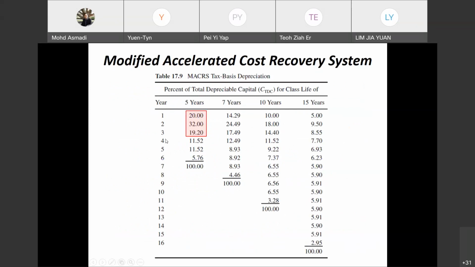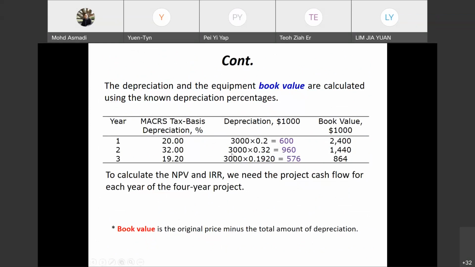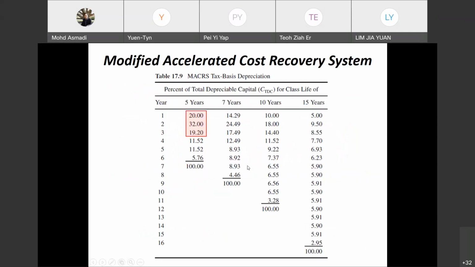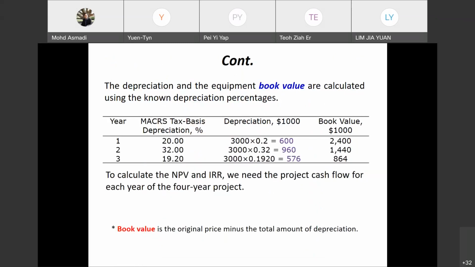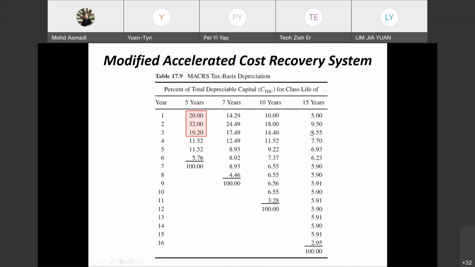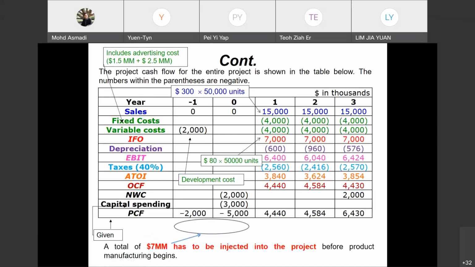On the fourth year, 3,000 times 0.1152, and on the fifth year, 3,000 times 0.1152 similarly. And book value is going to change also. For the fourth and fifth year, you have to calculate.